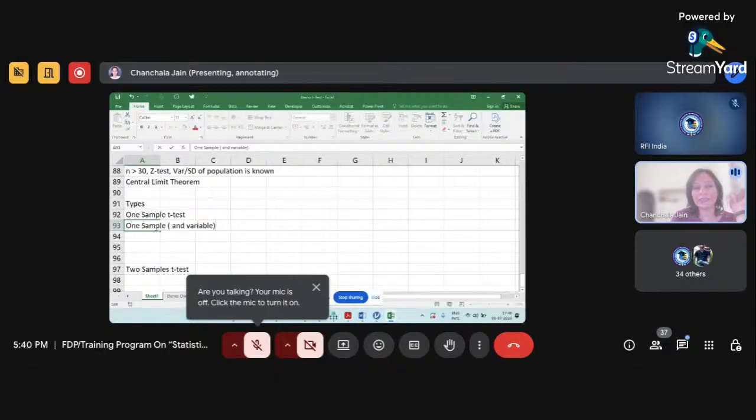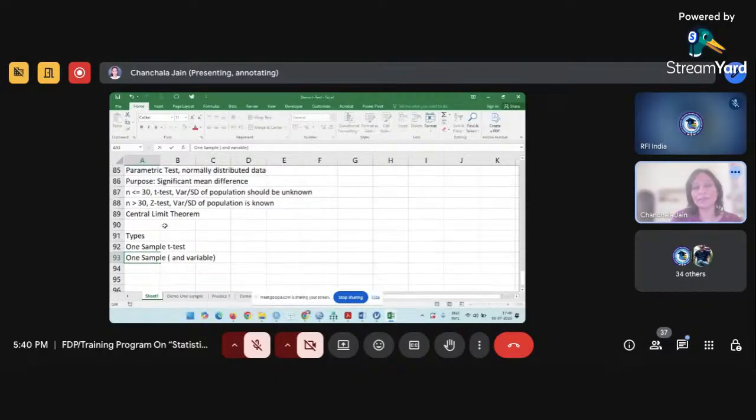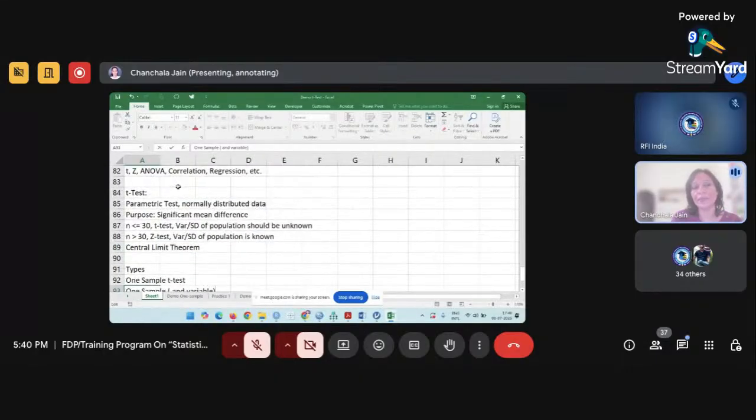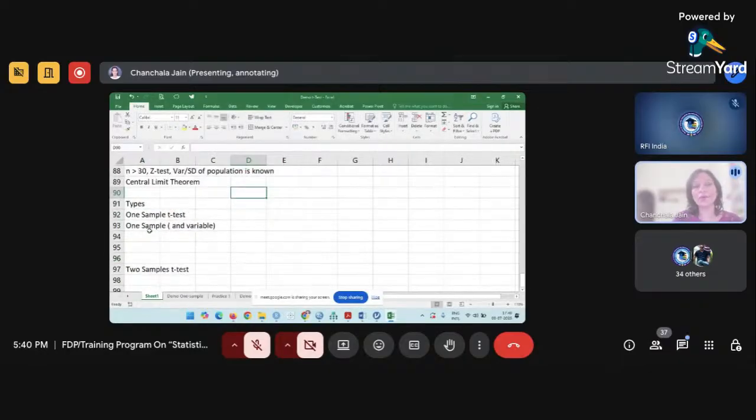So in this case, as I said, in the t-test the purpose is that you need to compare the mean, right? When I have only a single sample, the mean of that sample I will compare with which thing?